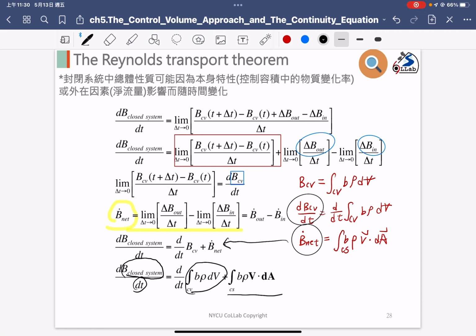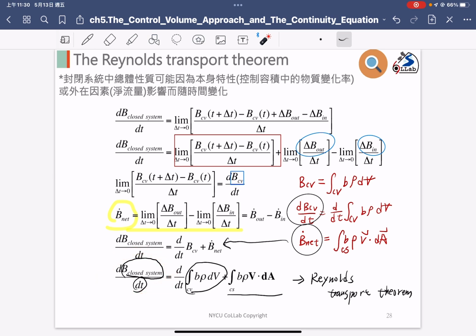The function shown here is the Reynolds Transport Theory. Again, the left hand side is related to the closed system.